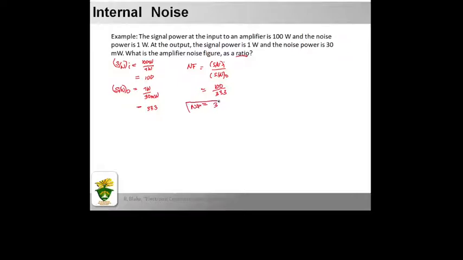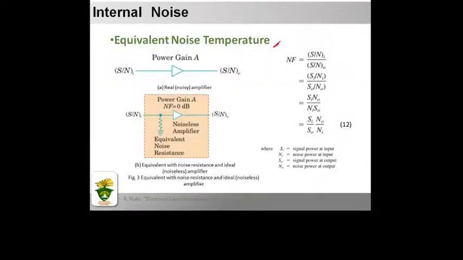Solving for the ratio, we have 100 over 33.3, so we have a noise figure of 3. Okay, another way of specifying the noise performance of a device is using equivalent noise temperature. The noise temperature has nothing to do with the actual temperature of the circuit.